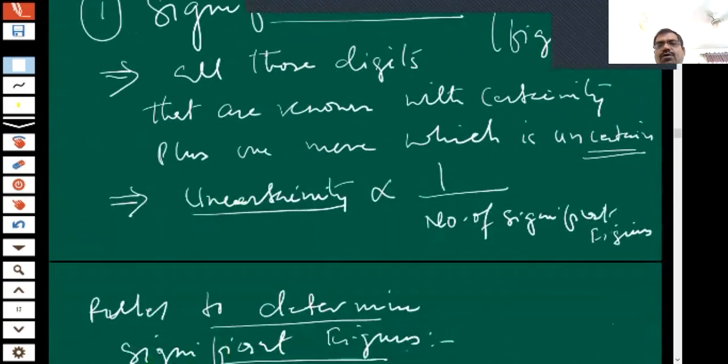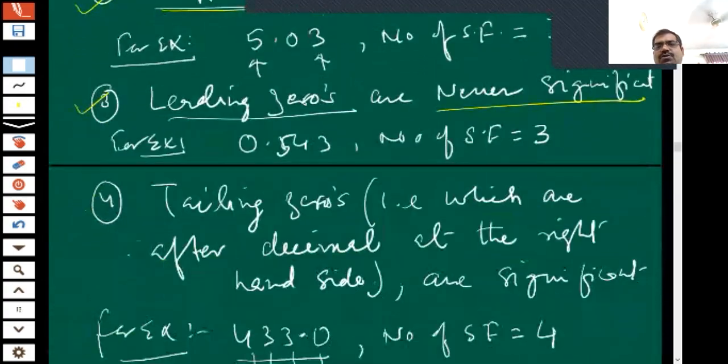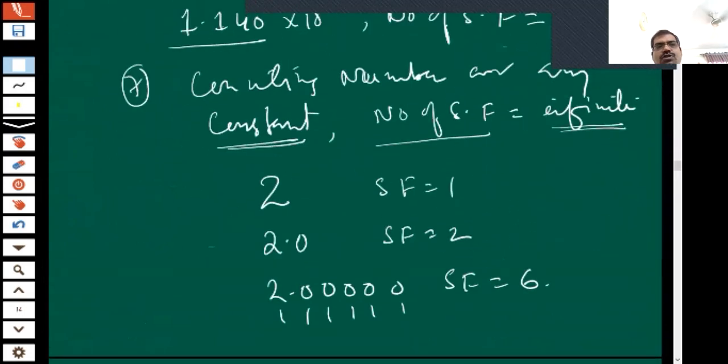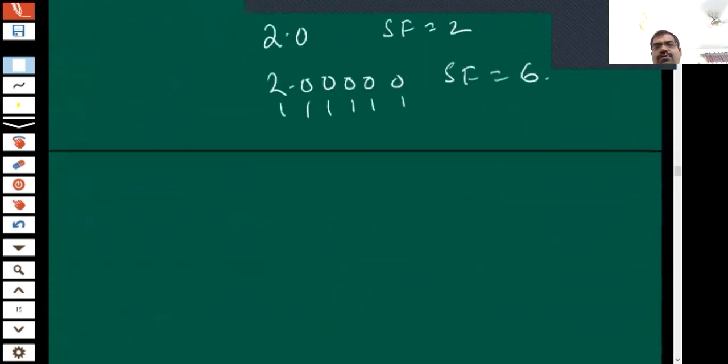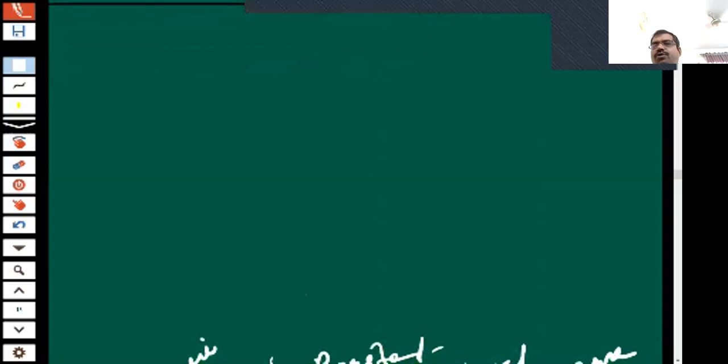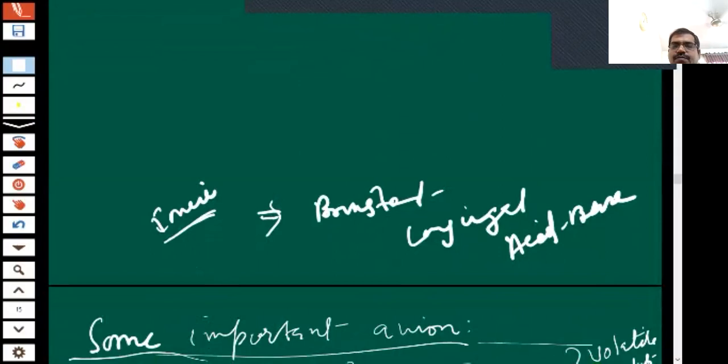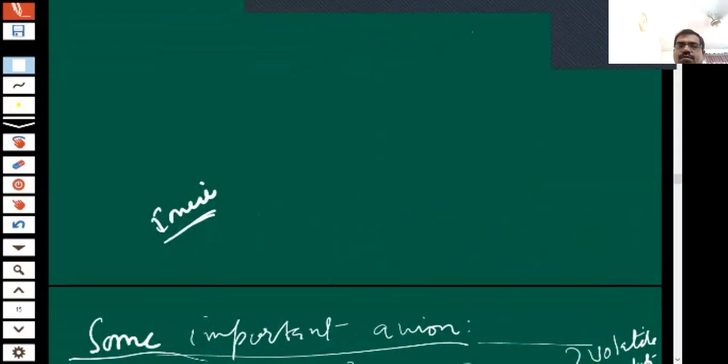So I have given you according to the requirement of my subject. Totally 6 to 7 rules I have given you. Now let us solve some problems based on significant figures, children. Feel free to ask any doubt.